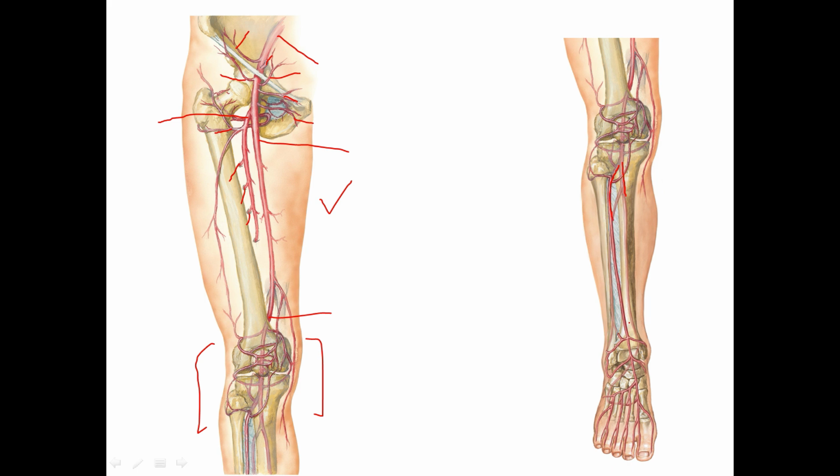This anterior tibial will carry on downward and then on its course at the ankle joint is going to give the arteries we call the anterior medial and lateral malleolar arteries respectively. And then it is giving the medial and the lateral tarsal branches here, and it will finish by forming the dorsalis pedis artery.